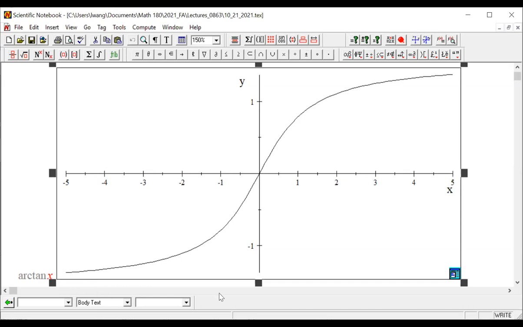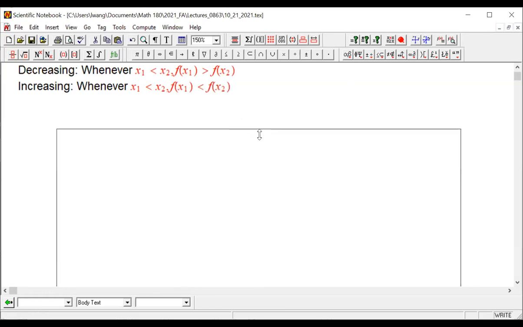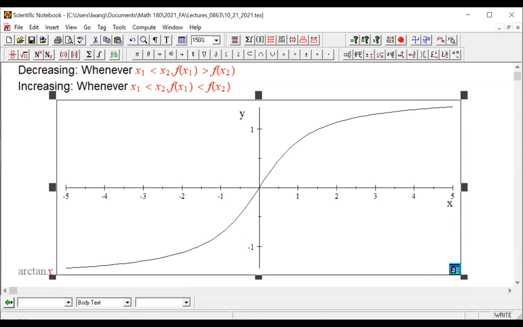What's the definition of arctangent being increasing? Whenever the input x1 is smaller than x2, f of x1 is going to be smaller than f of x2. So you're going to pick points arbitrarily.